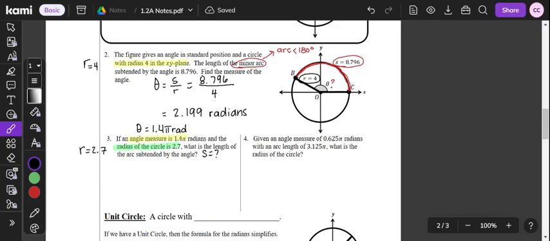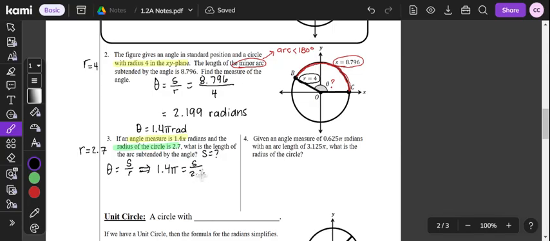All right, so let's use our formula once again. I have theta is equal to S divided by R. I can go ahead and plug in what I know. Theta is 1.4 pi, and I know that's going to equal S divided by 2.7. Now, I want to get this S all by itself. Right now, it is divided by 2.7.